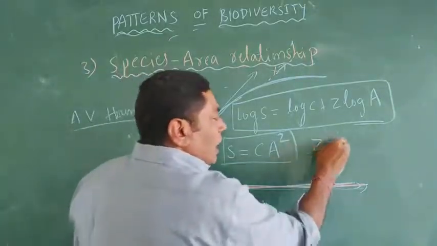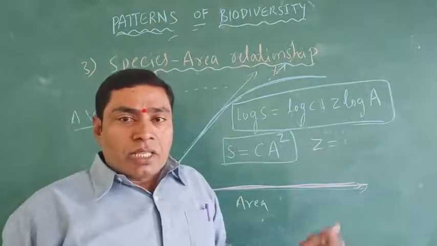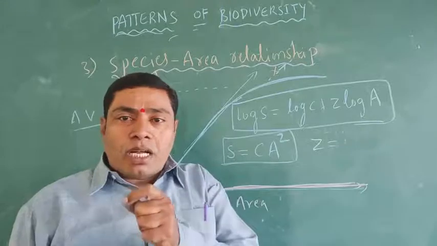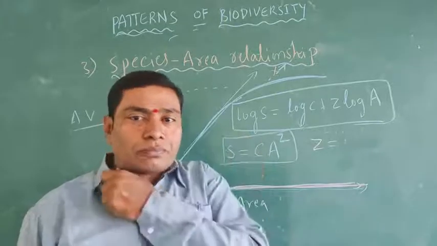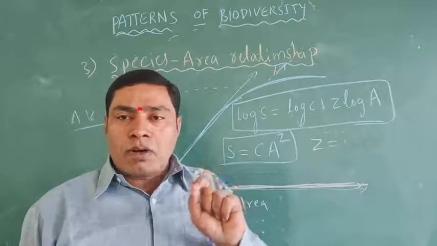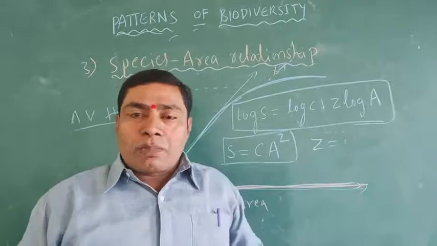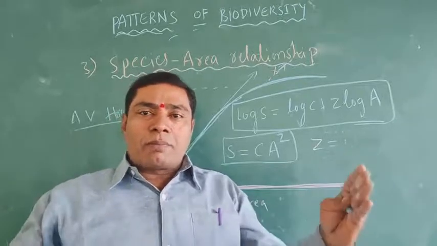So in any two locations or two areas, z or the slope is not equal in both areas. So for example, the bird species of South America and the bird species of India. The speciation will increase up to a maximum level.